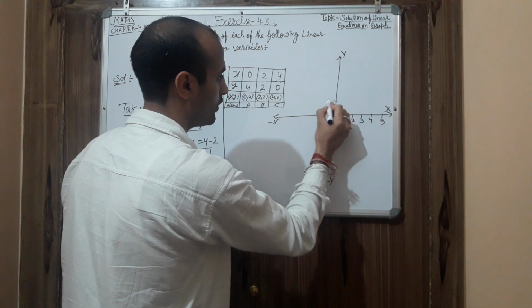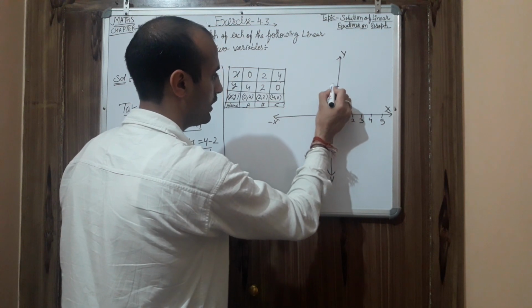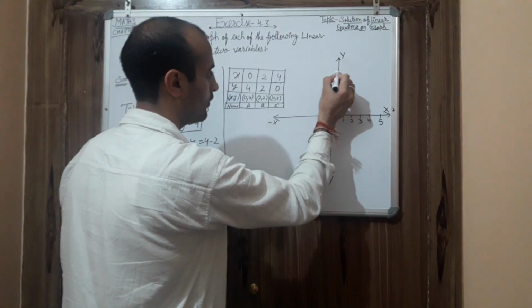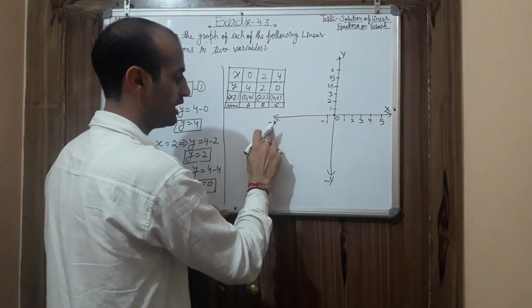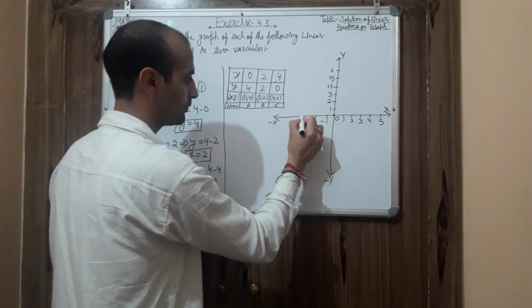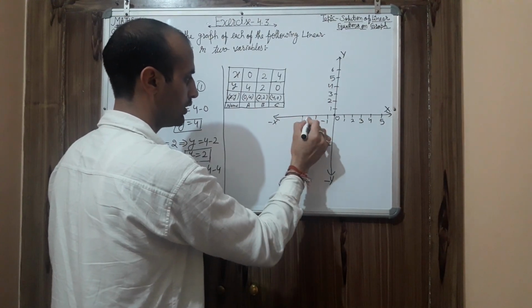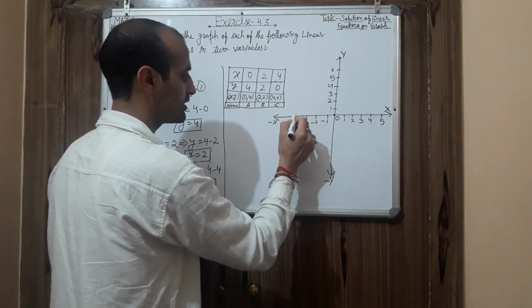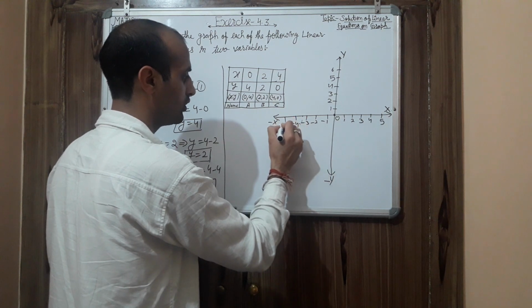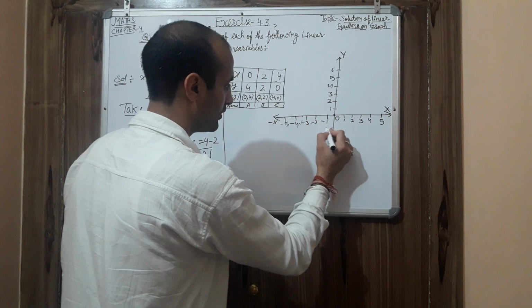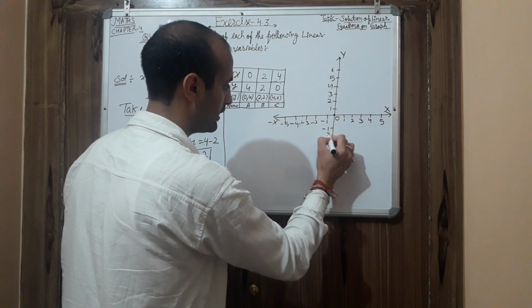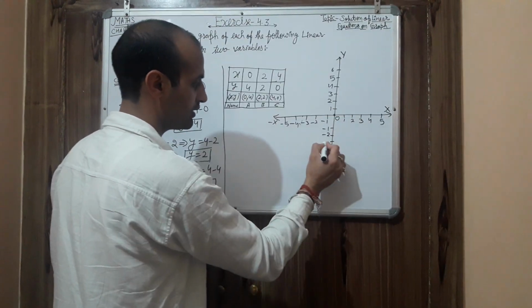Here also positive 1, 2, 3, 4, 5, 6. Here all negative. This sign represents all negative this side. But keep in mind the distance should be equal. There is no difference in the distance. It remains similar on all sides. This side is also negative. It is the negative axis.